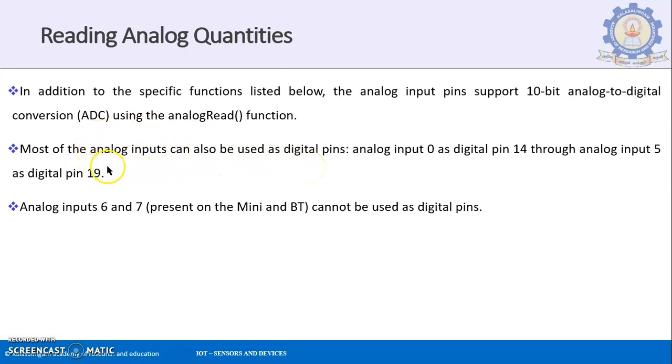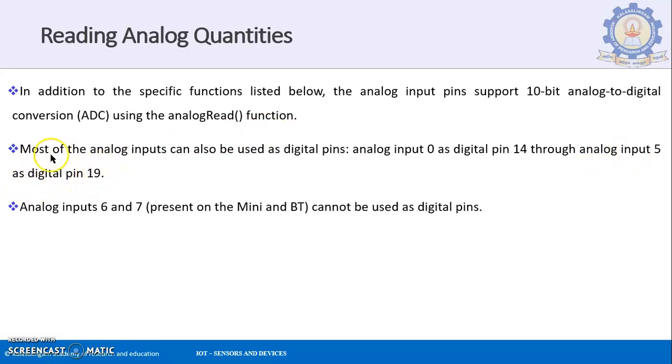As I told you, in the Arduino microcontroller, analog pins can be declared as digital input pins also, but it is not for all microcontrollers. Specific microcontrollers like the Nano have pins number 6 and 7 dedicated only for analog purposes. Analog input 0 is digital pin 14 through analog input 5 as digital pin 19.